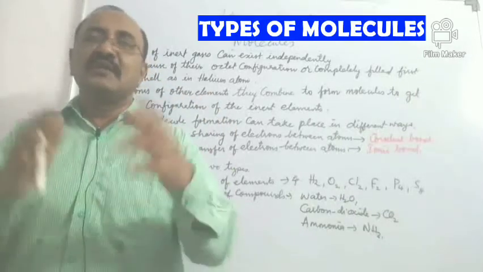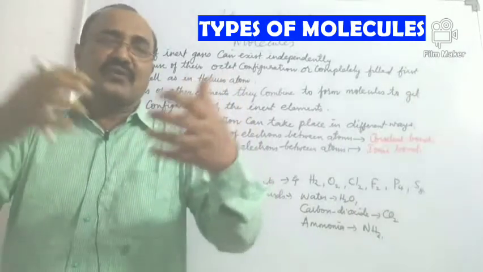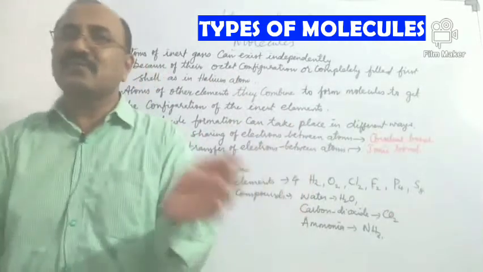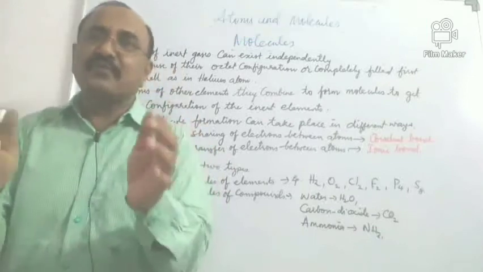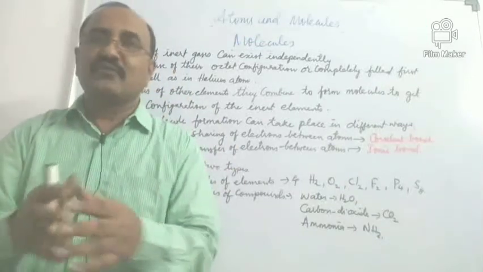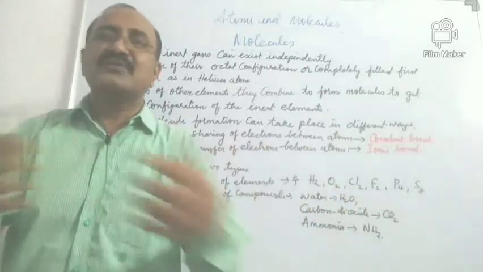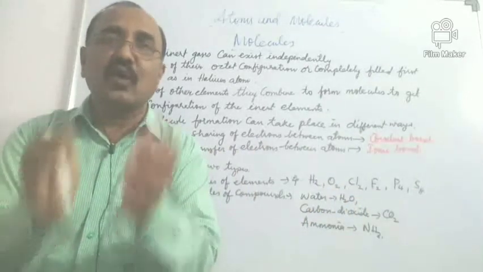Now, how do atoms of the same element combine to form molecules? As they are the same type of atoms, they usually combine by a covalent bond, that is they share electrons and form individual molecules.